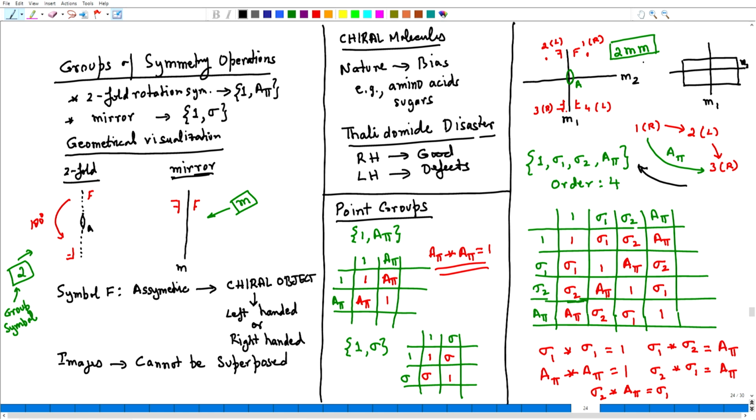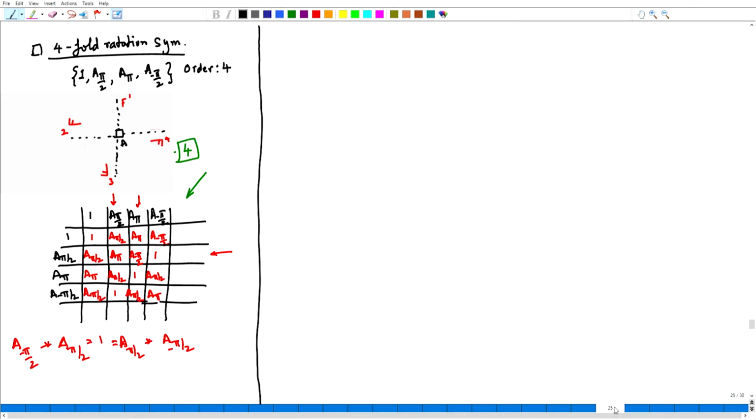Similarly, in the group 2mm, I have again one point in this two-dimensional group which is invariant, and similarly I have the four-fold symmetry group where point A is invariant. So, that is why they are called point groups. So, as I said, let us come to a more elaborate example.